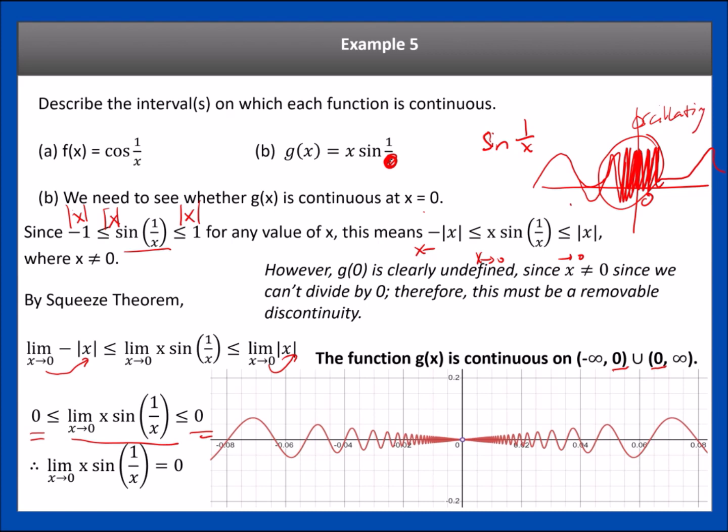So that's an issue there. However, there's actually a hole at 0 here, so it's actually removable, whereas this one is non-removable. This one is actually removable just by multiplying by x, interestingly enough. And we proved that using the squeeze theorem. All right, so at the end of the day, it's not continuous at 0, but it's continuous everywhere else.